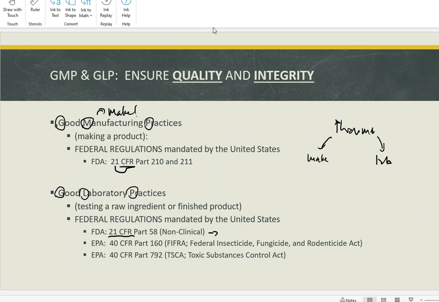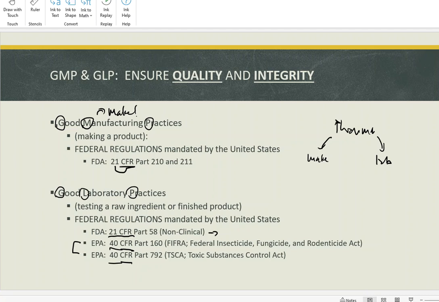However, just to prove a point, I want you to know that good laboratory practices are everywhere that has labs involved. So I'm giving you two of those examples down here at the bottom. Two of those examples are the EPA, Environmental Protection Agency, and these fall under the wing of the Code of Federal Regulations, just like up above, but now we're in Title 40, because Title 21 is the Food and Drug Administration.